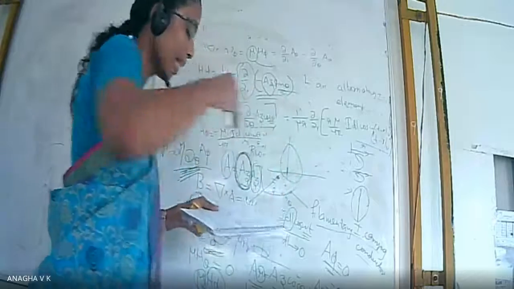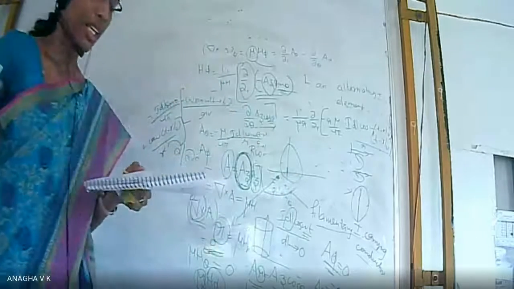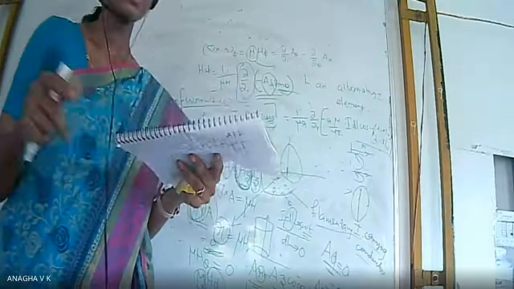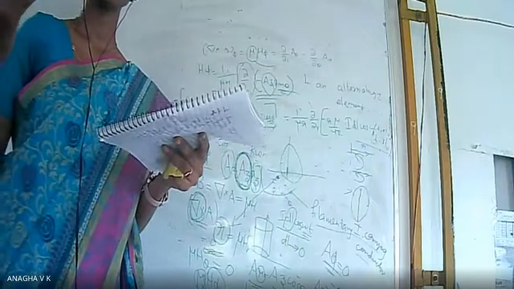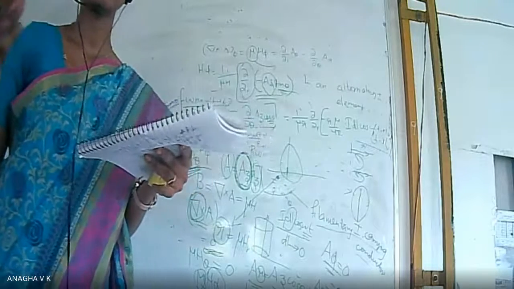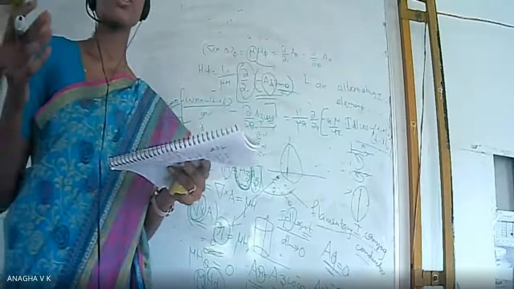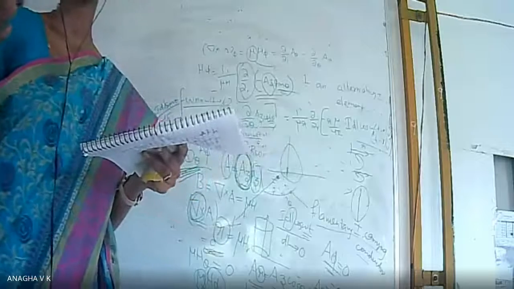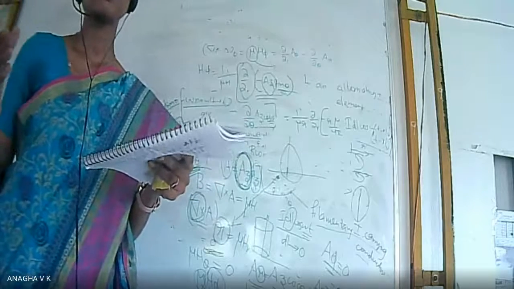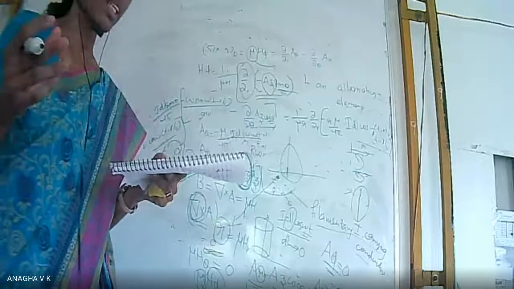Into the plane. Okay, into the plane. So Hertzian dipole in the sense, the separation between the two conductors of the antenna is comparable to half of the wavelength.